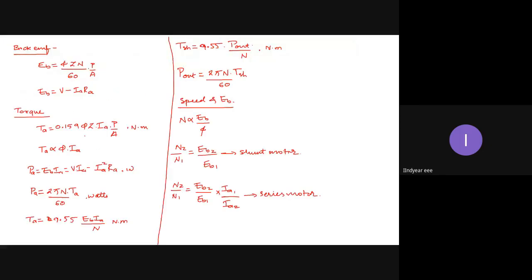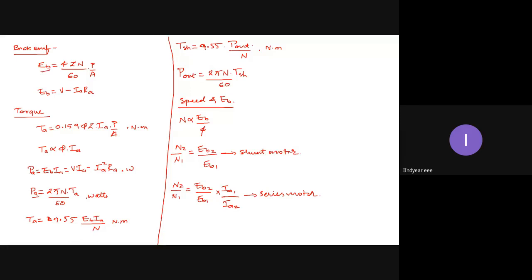So what should I find? I should find the speed and the gross torque developed, that is TA. If I see the equations, in all of these the speed is either in the equation of PA or in the equation of EB.